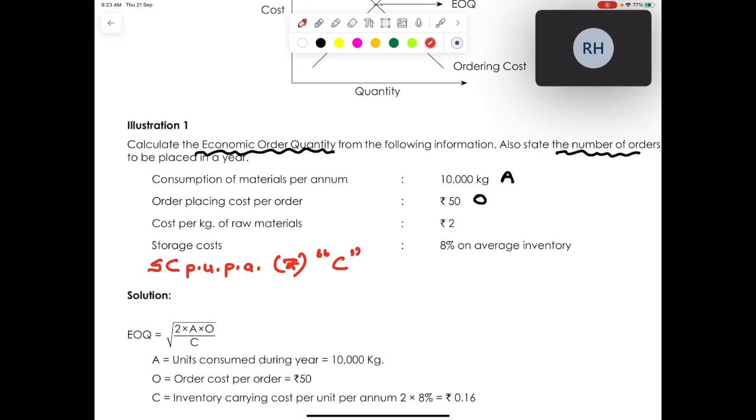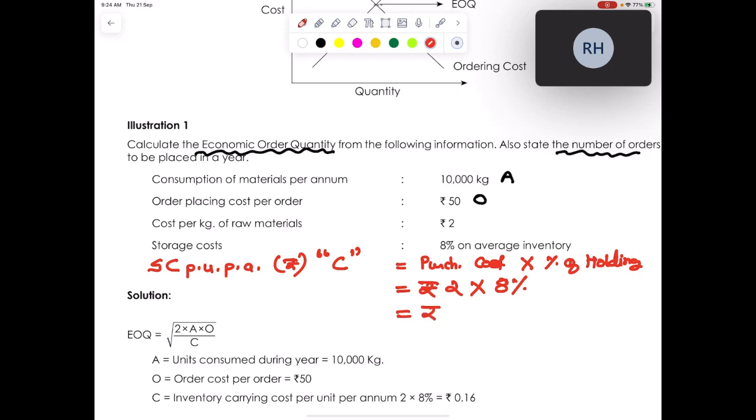Okay, so in this case, the purchase cost multiplied by the percentage of holding. The purchase cost is rupee 2 multiplied by 8%. So this is 0.16. What interpretation do we get from 0.16?